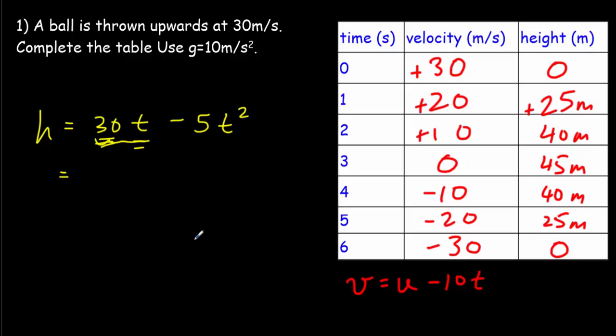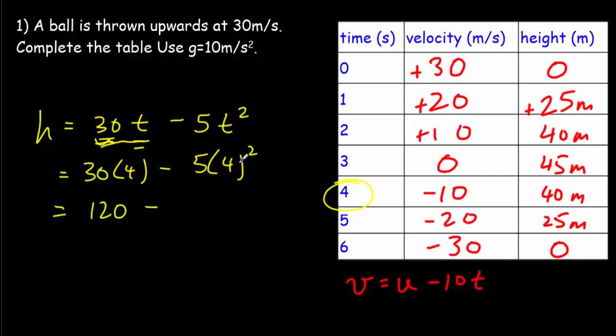So after, let's say, 4 seconds, we would have 30 times 4 minus 5 times 4 squared, which would be 120, minus 80, which is equal to 40 meters. Agreeing with our answer here.